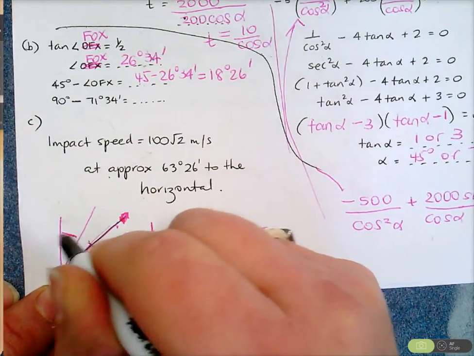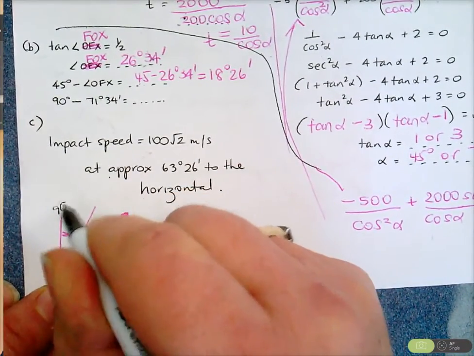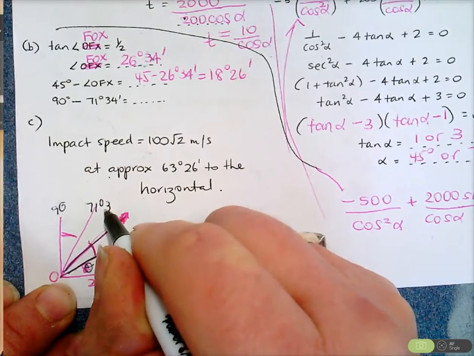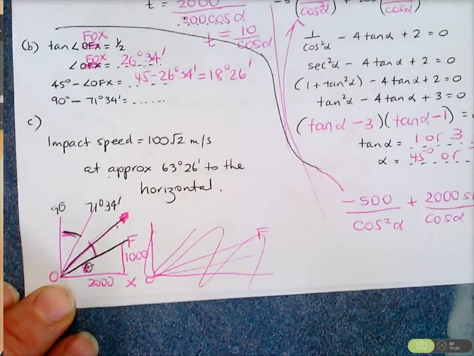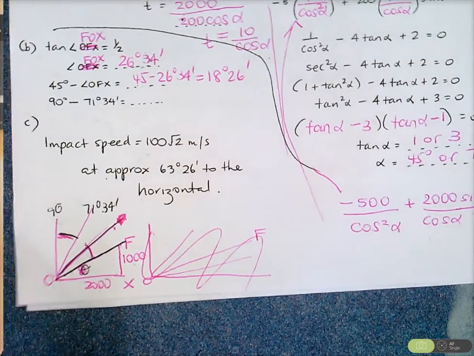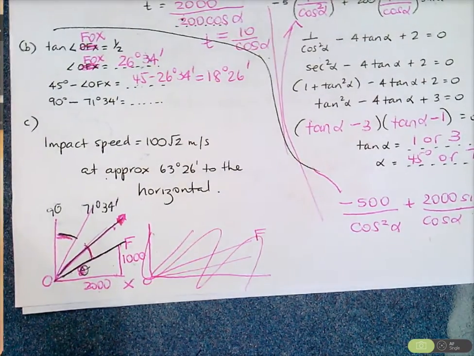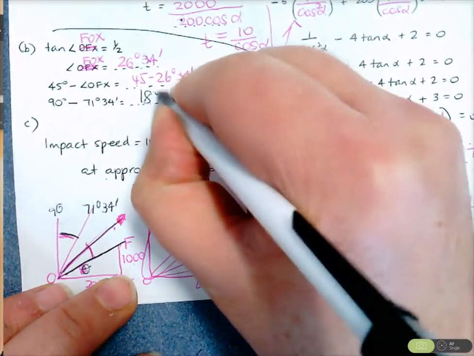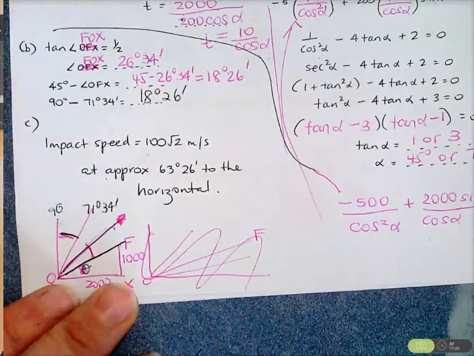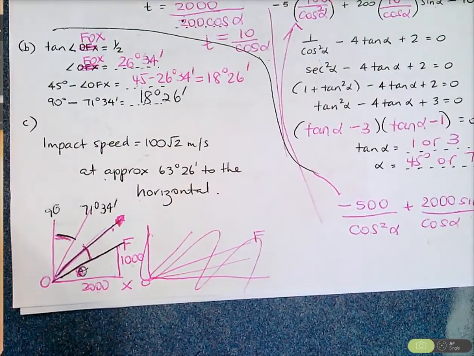And they're saying also that from the 90-degree angle, the 71-degree, 34 minutes, that angle in there is also 18 degrees, 26 minutes. Look, I haven't seen a question like it. Don't worry about it. It's just showing that last one will be important.